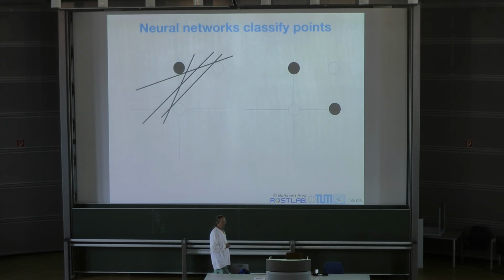How can you separate these points on the right hand side here with a line? Some people believe there is no line. Think again. It's a trick, of course. Yeah, you could map the points into a different space. That's a complex answer. Yes, you could. Well, simpler.